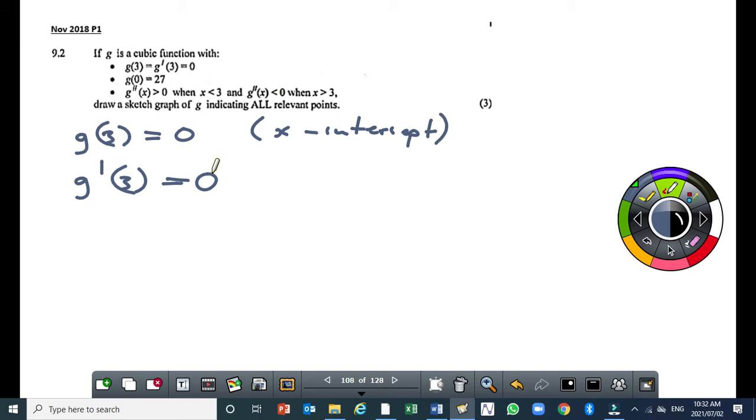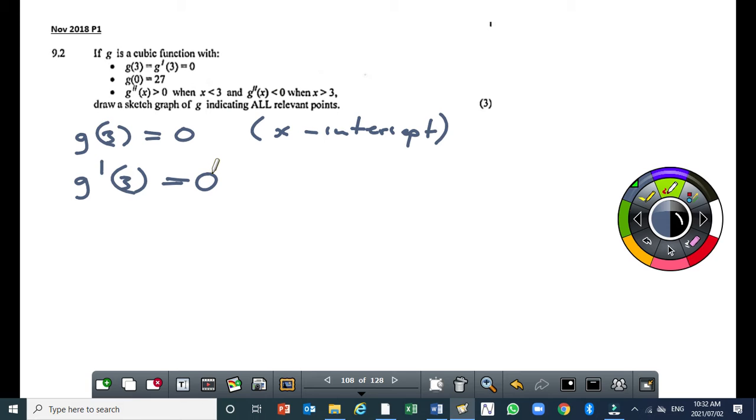What is that point? Alright, listen, before we go anywhere, if you see the prime, what does it mean? It means derivative. So, where is the derivative equal to 0? It's a turning point or a stationary point.